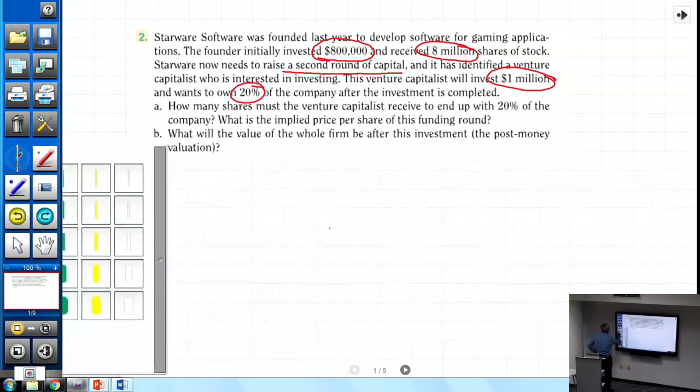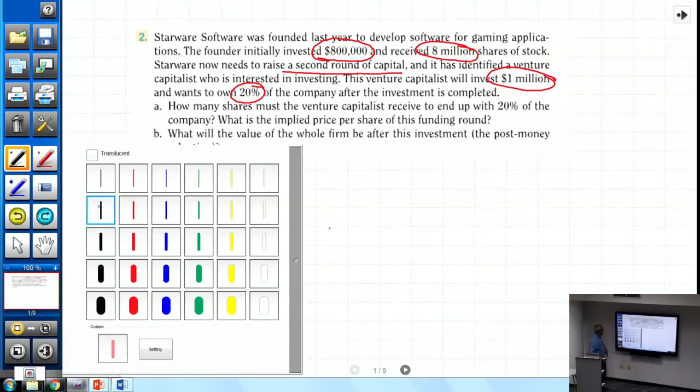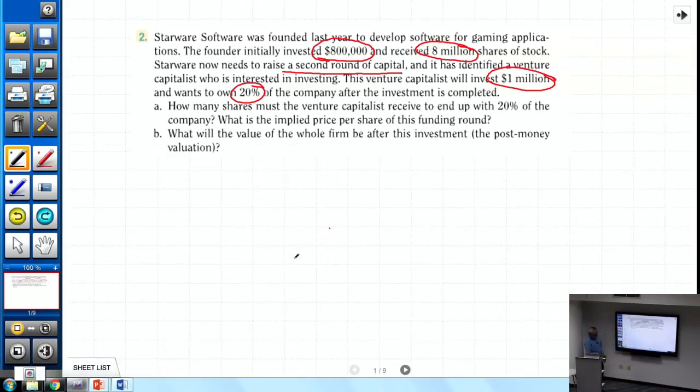So the question is, how many shares must the venture capitalist receive to end up with 20% of the company, and what will be the implied price per share?